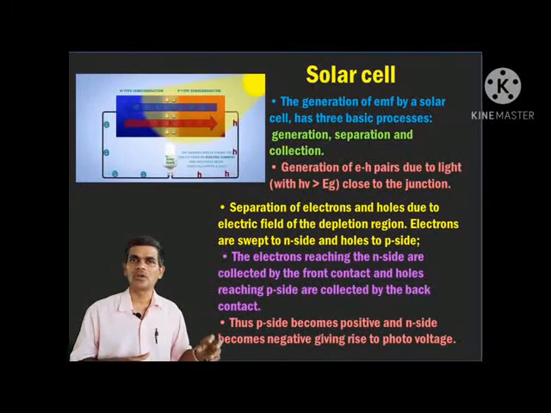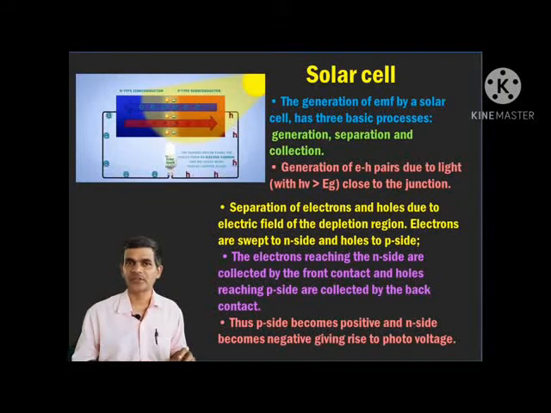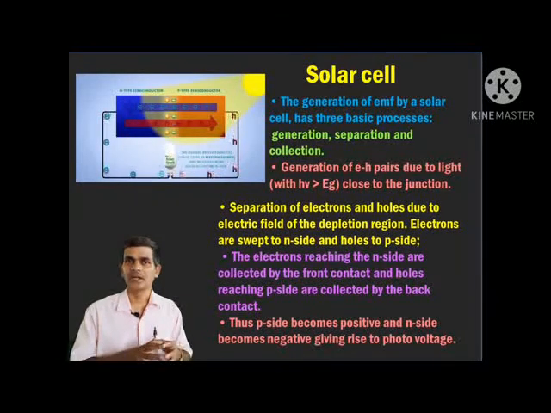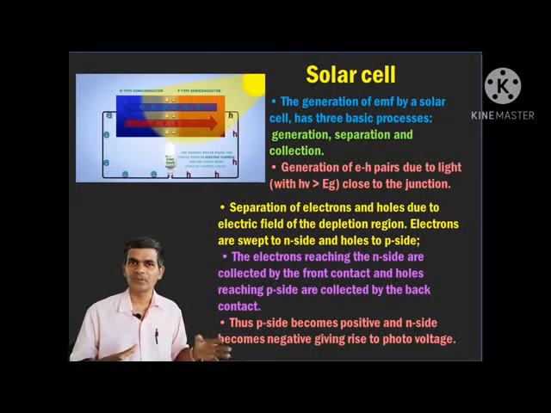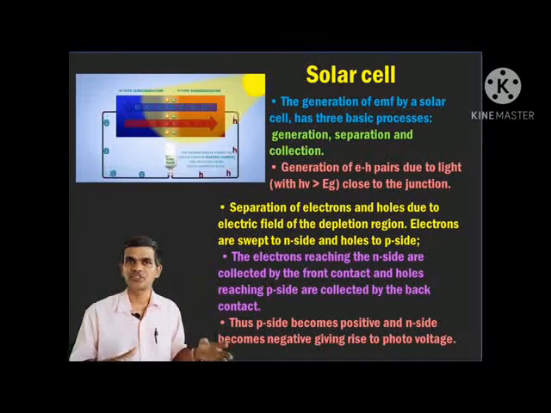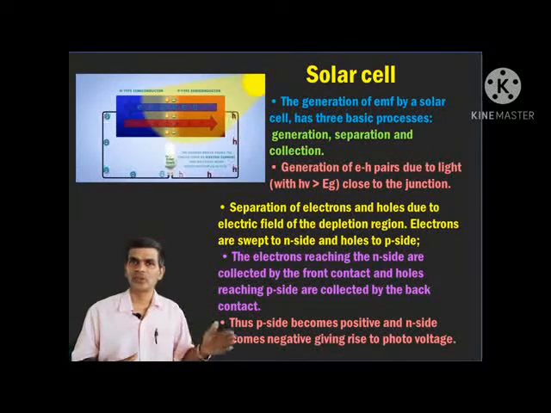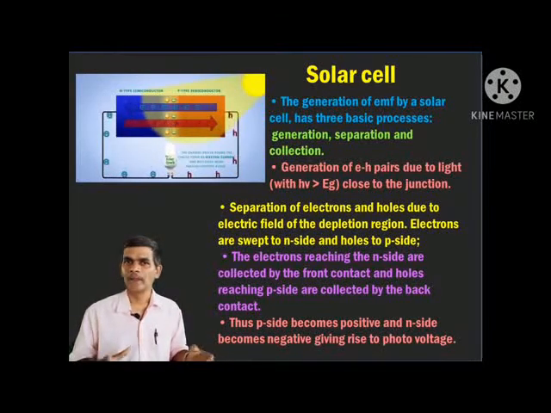Generation of electron-hole pairs due to light: when light falls on the junction, electron-hole pairs are generated when the energy hν of a photon is greater than the energy gap at the junction. Then separation: the electron-hole pairs are separated by the electric field at the depletion region. The electron is shifted to the n side and holes are shifted to the p side.